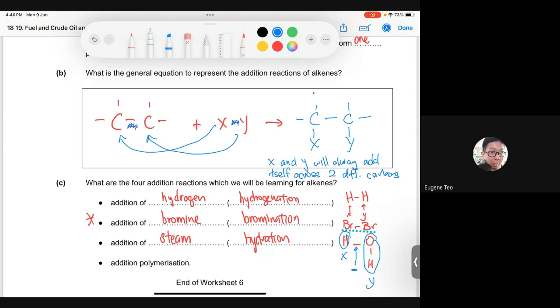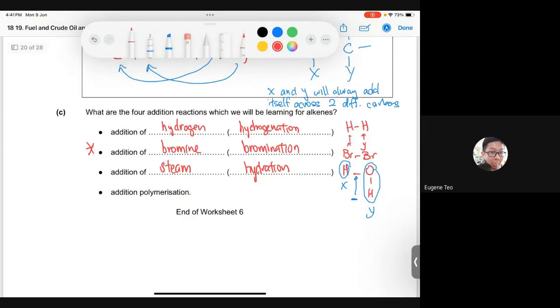Okay? Now, the last one is addition polymerization. So we're going to cover this quite a fair bit. In addition polymerization, we're going to cover these few terms. You're going to learn this thing called monomer. You're going to learn this thing called repeating unit.